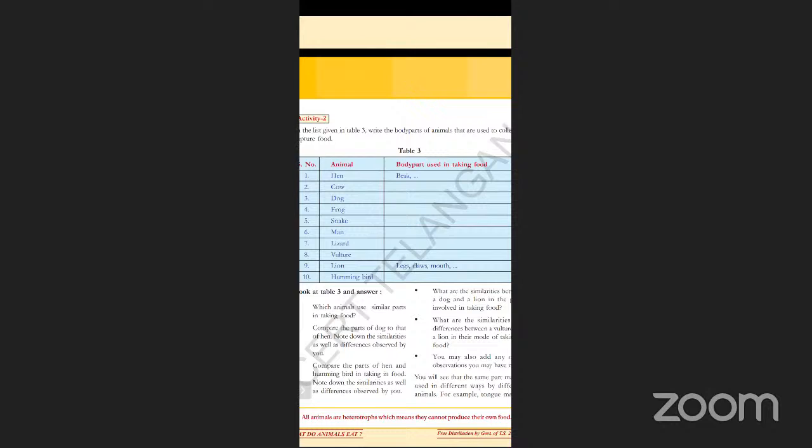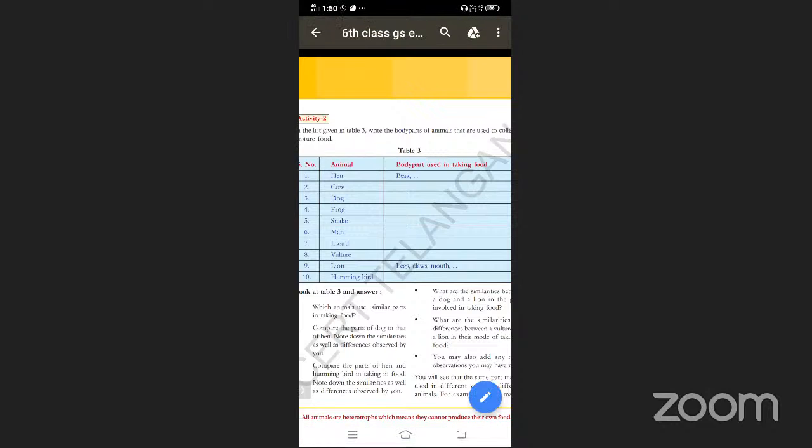Make it fast. Are you all writing, children? Three minutes time I will give you to complete this. Copy this soon. Serial number, animal name. First write serial numbers up to 10.